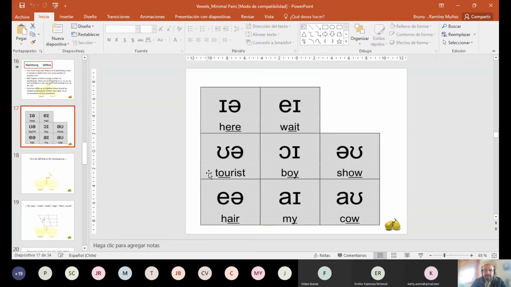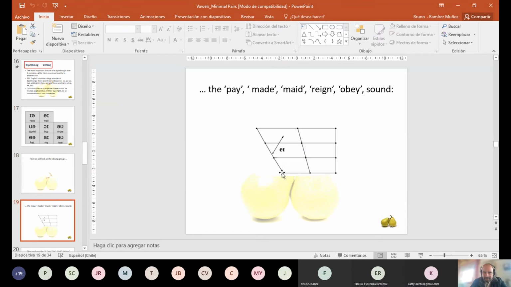You're expected to know the diphthongs used in RP, right, and General American, and you're expected to know that, for example, the diphthong found in the words pay, made, rain, bay starts in the sound e, which is a mid front, short sound, and it glides into a high front sound, which is also short, right?